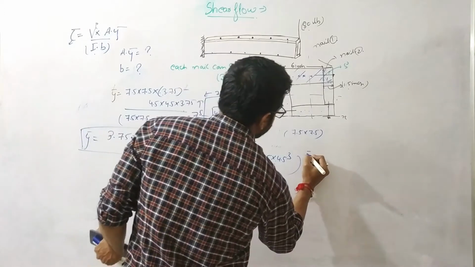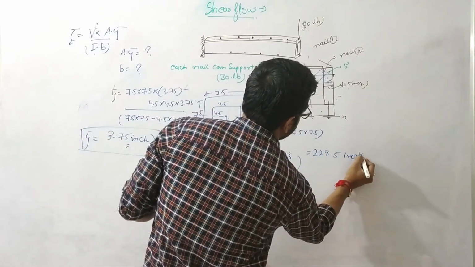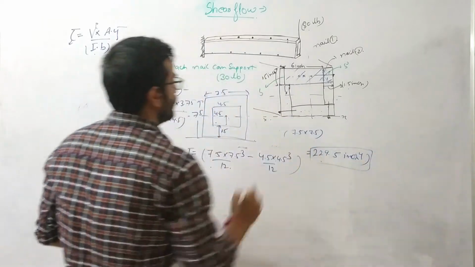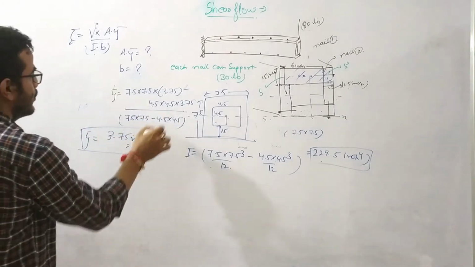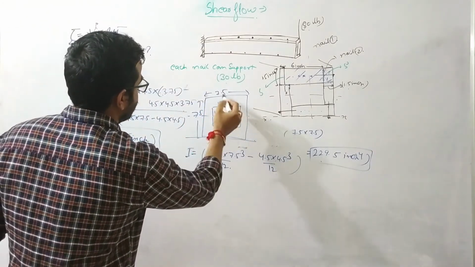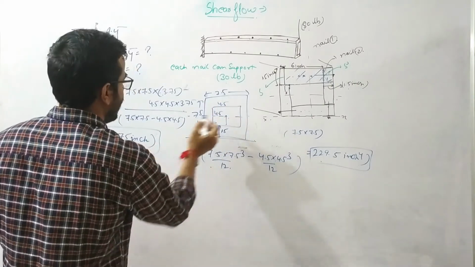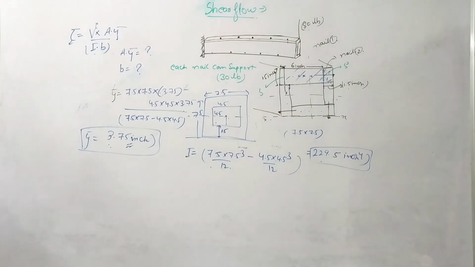The moment of inertia is 229.5 inch to the power 4. This is a symmetrical figure, so things are very easy to calculate. The section is symmetrical about this axis, so I can directly write that the centroid is at 3.75 inch.